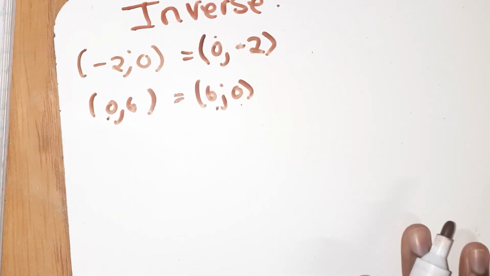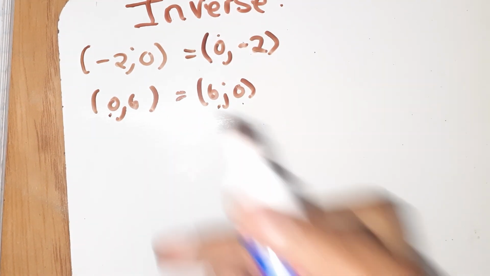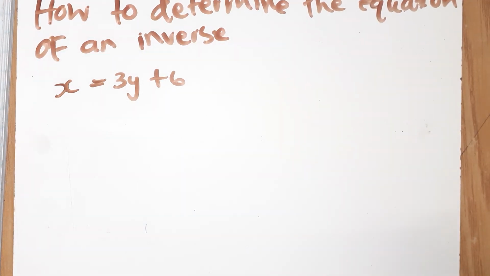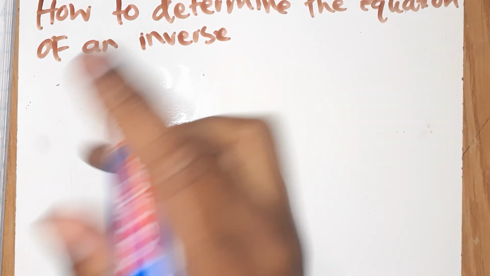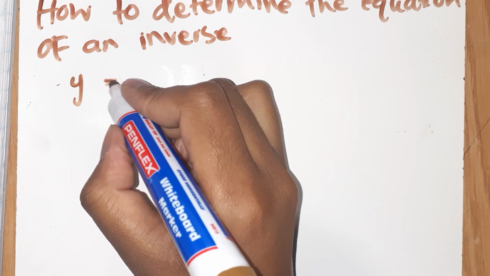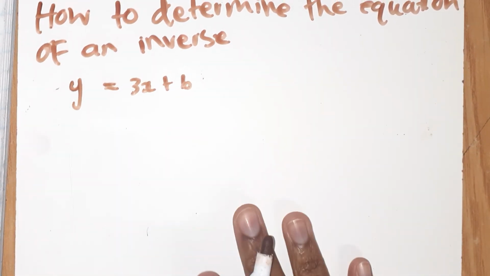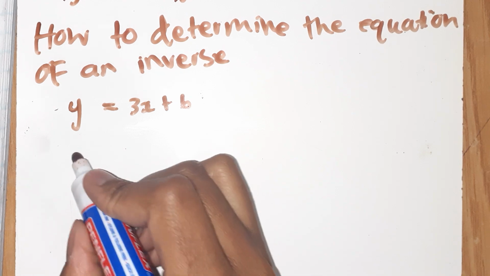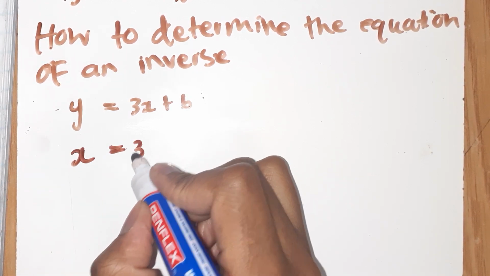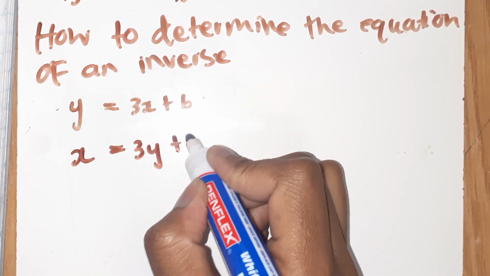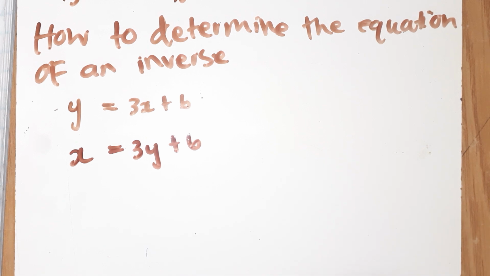So that is inverse. Inverse is the opposite. So let's say they've given you y equals 3x plus 6, and then we are asked to determine the equation of the inverse. Y is going to be x, and then the x will be y plus 6.